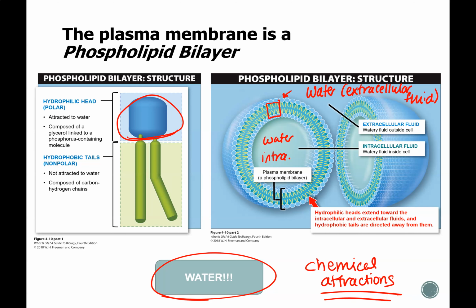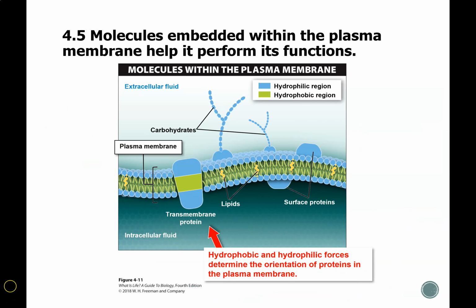Now, this structure, this hydrophobic and hydrophilic structure, is also key in regulating what goes in and what comes out of a cell. So here we have a side view of our plasma membrane. And again, you'll see that we've got our hydrophilic heads on the outside and our hydrophobic tails on the inside.